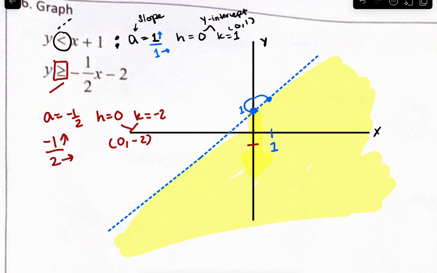So at 0, -2, right here, sorry, it should be going down since it's negative. I'm going to go down 1, to the right 2 times. And since it's a solid line, just draw our line here.